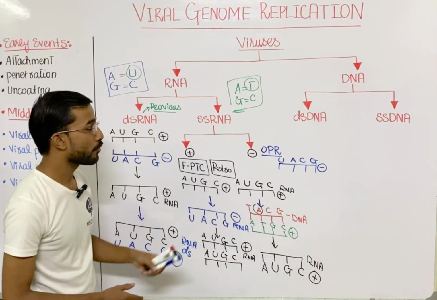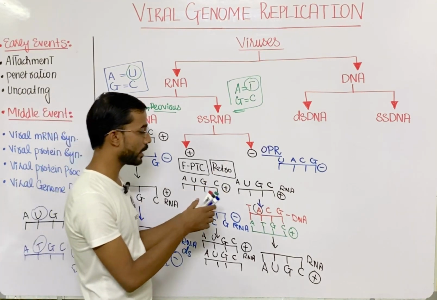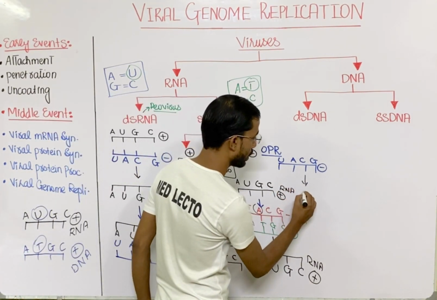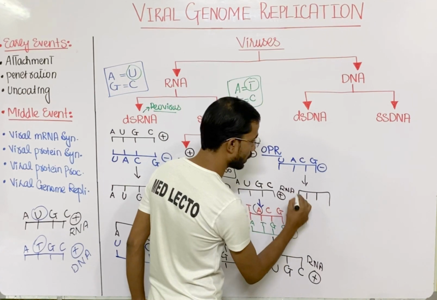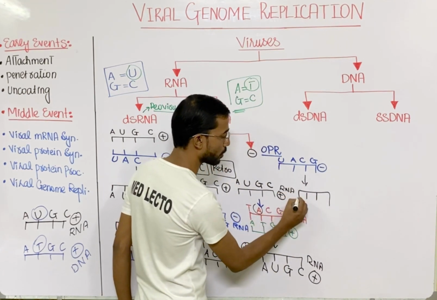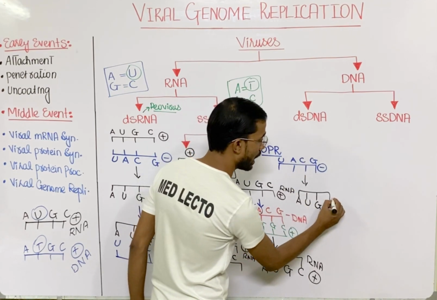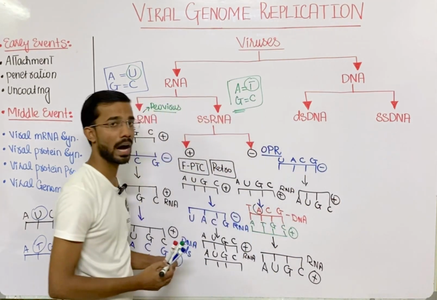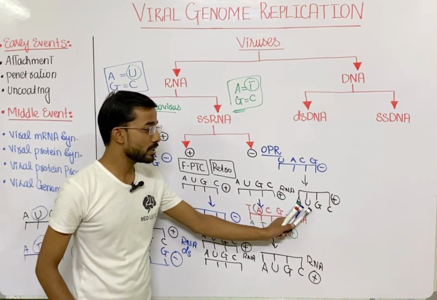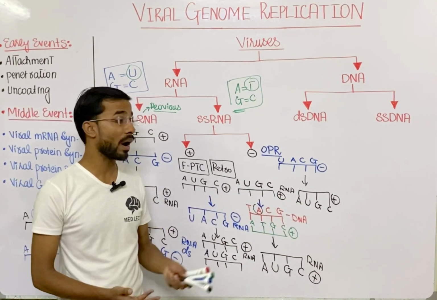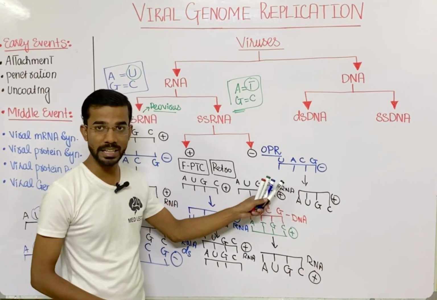UACG. From the negative, it will first convert into the positive. U is opposite to the A, and so on: A, U, G, C. Now this is the positive polarity RNA. AUGC is actually the positive, but we require the negative because the parent is negative polarity.